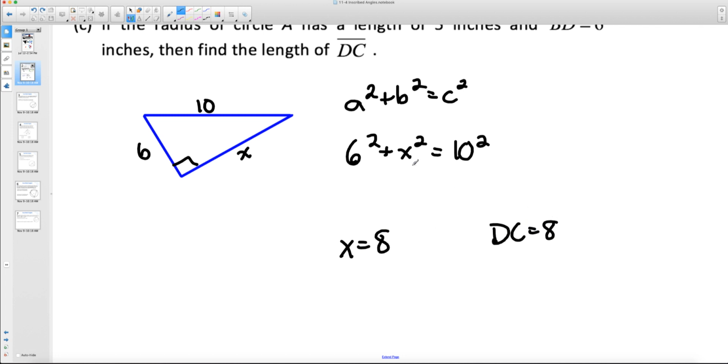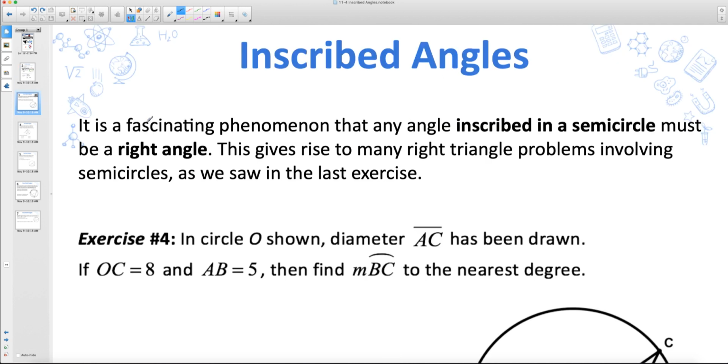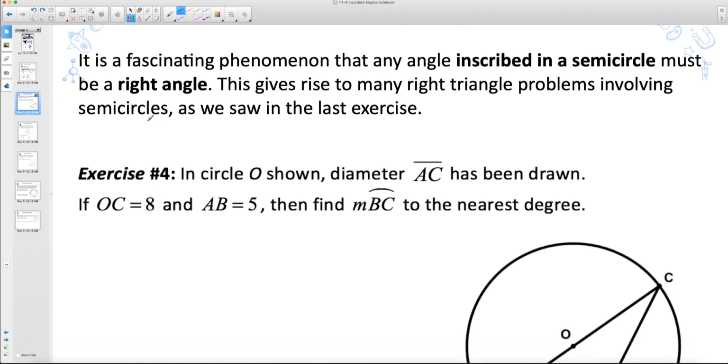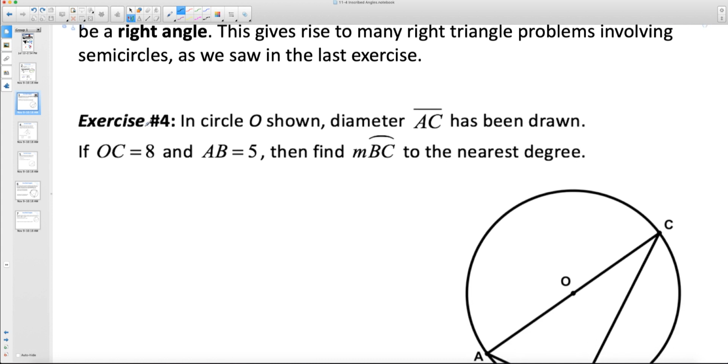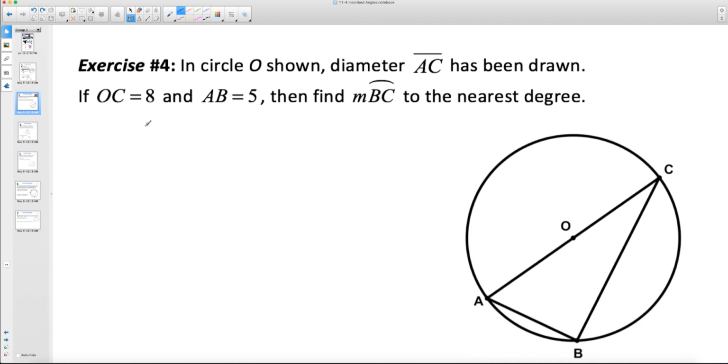Since it's a right triangle, we can use our Pythagorean theorem. Inscribed angles in a semicircle are pretty important because they do create right triangles. And with right triangles, we could also use something else, which we'll see here.